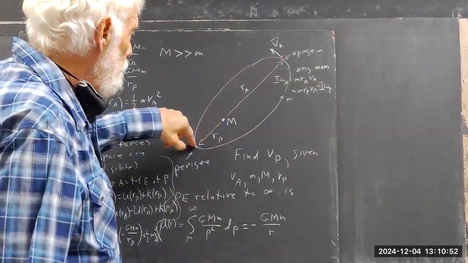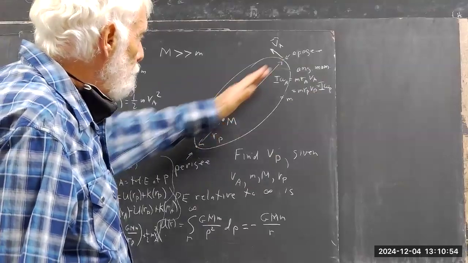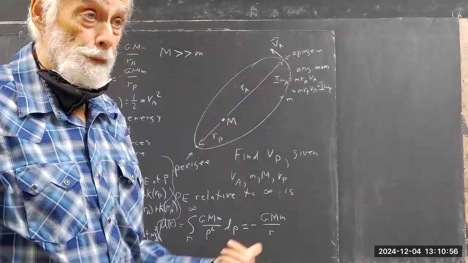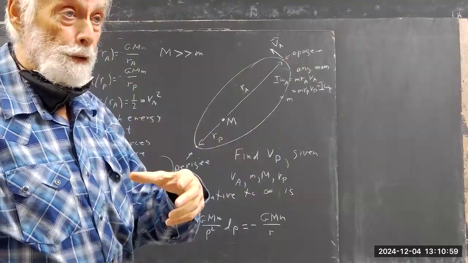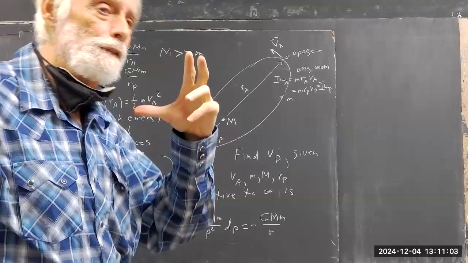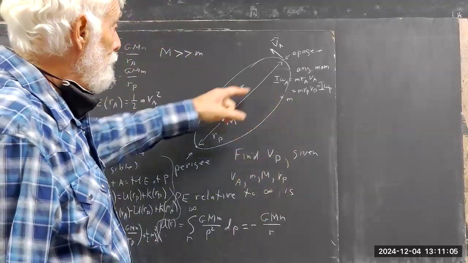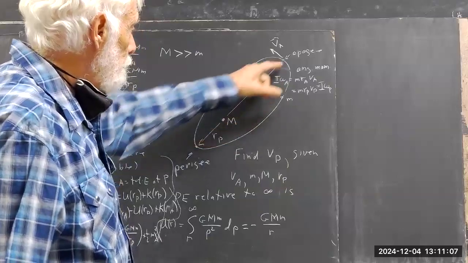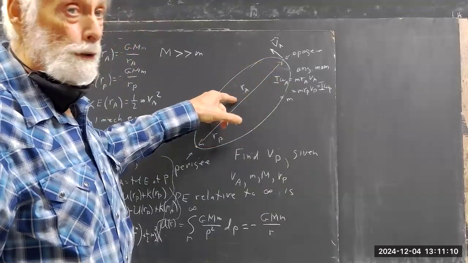Since we're just looking at the perigee and apogee, the angle between R and V matters. The cross product matters. But in this case, we can kind of simplify it because the velocity is perpendicular to the radial vector.